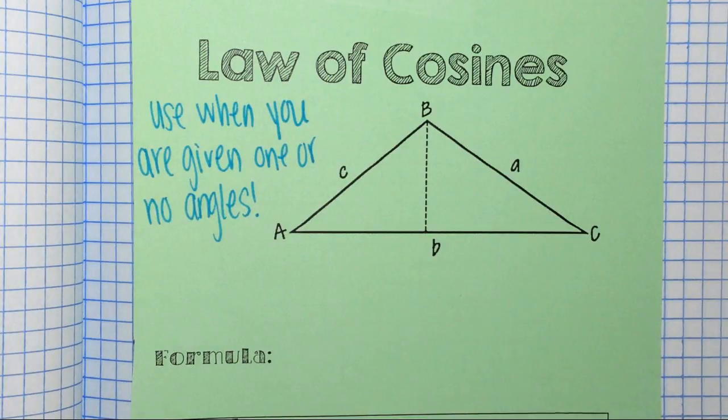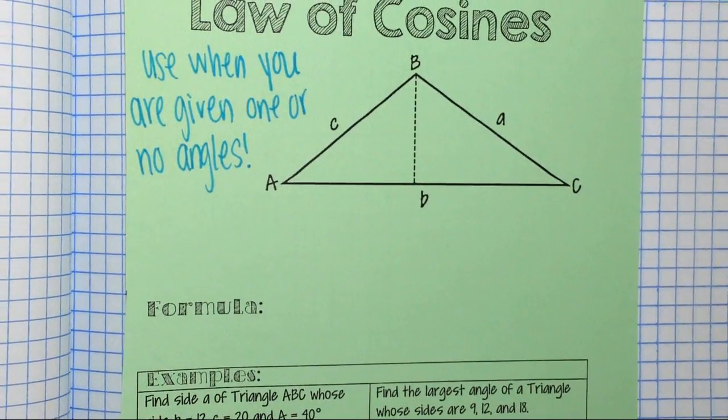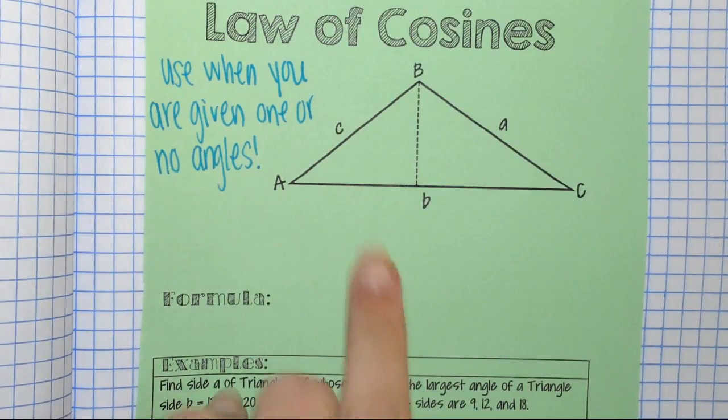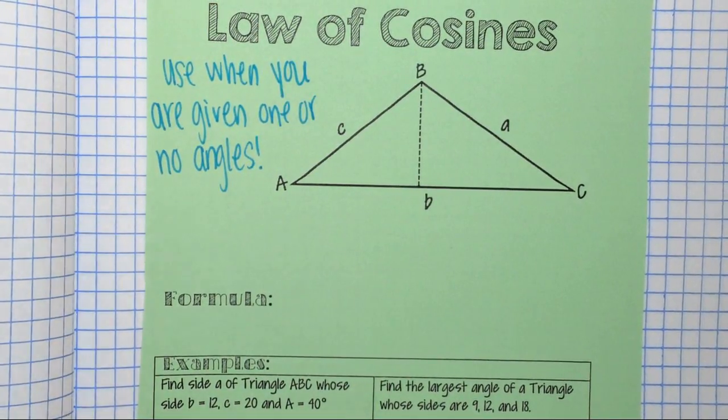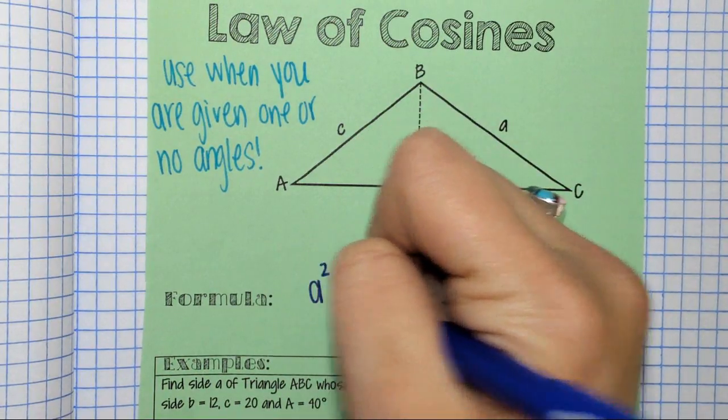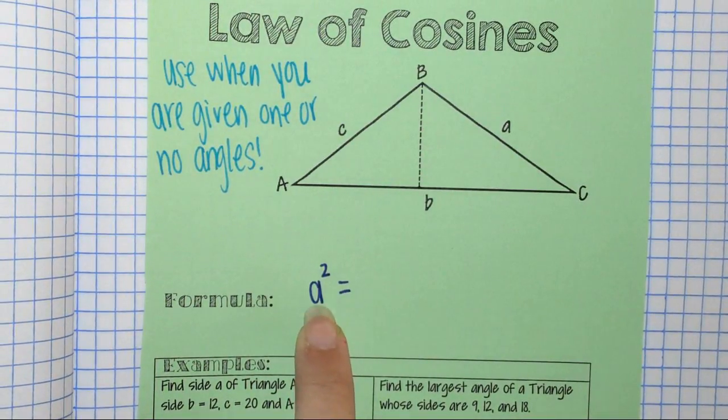Are we ready? What do the uppercase letters stand for? What do the lowercase letters stand for? Good. All right, so your formula is a squared equals. And since it's lowercase a, what is this going to be? A side.